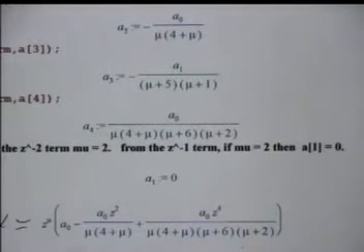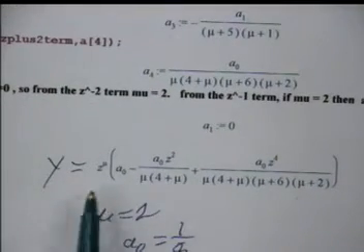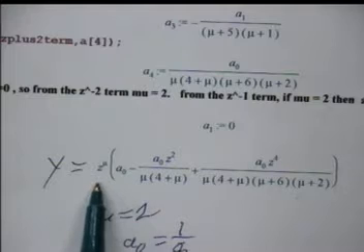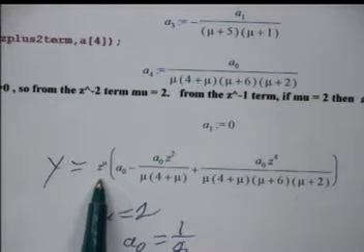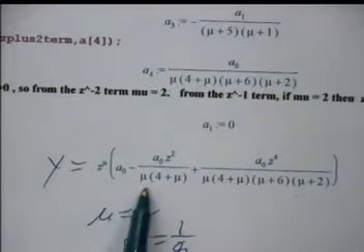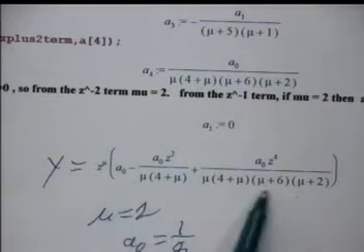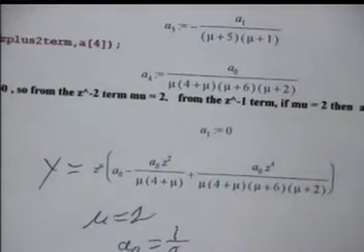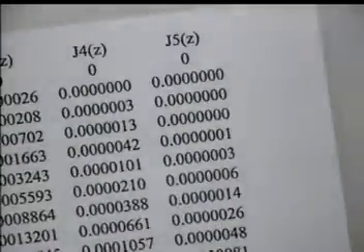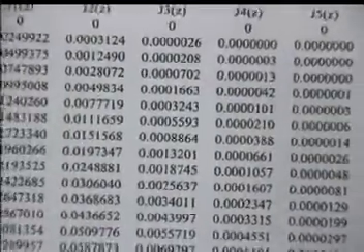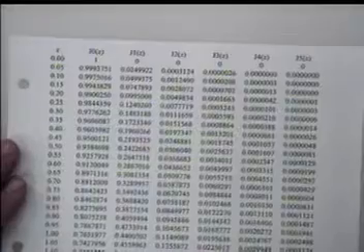Now, going back on any one of these, we have a series again where we have y is equal to z to various powers and so forth for an infinite series. So we're adding up all of these terms. What I did was I calculated the different values of y given different values of z. And that's all this table is.